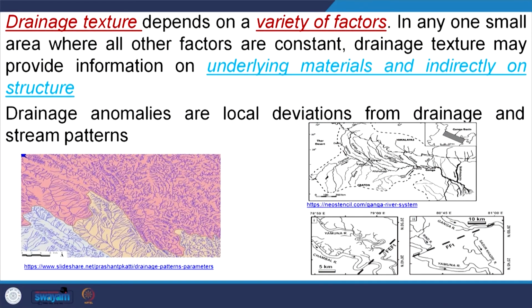So, drainage texture depends upon a variety of factors. In any one small area where all other factors are constant, drainage texture may provide information on underlying material and indirectly on structures. For example, in this figure, this side is a fine drainage pattern, that means minute drainage, small streams but a large number.